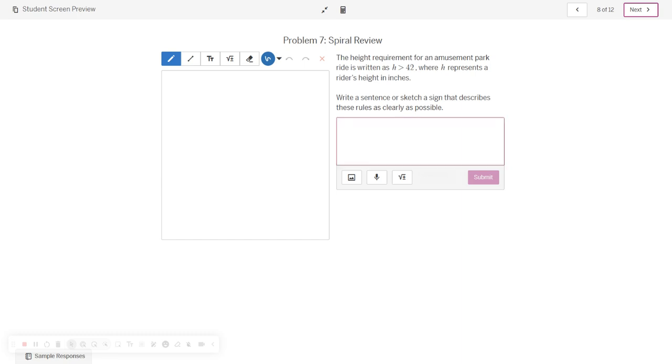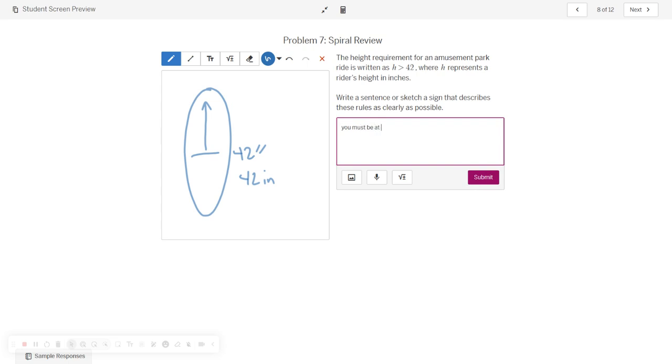Here it says write a sentence or a sketch. The sketch would be something like this: you've got 42 inches, or you probably don't recognize that as inches, so 42 IN, and then a line going up like that. You must be at least 42.